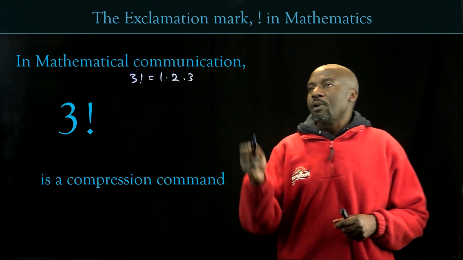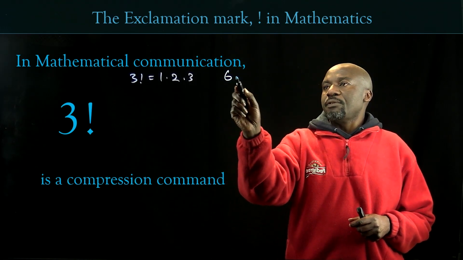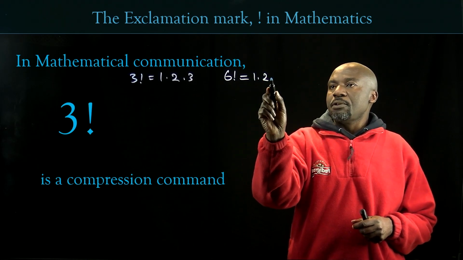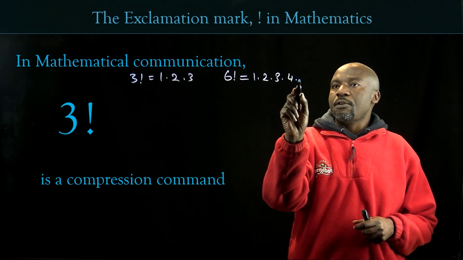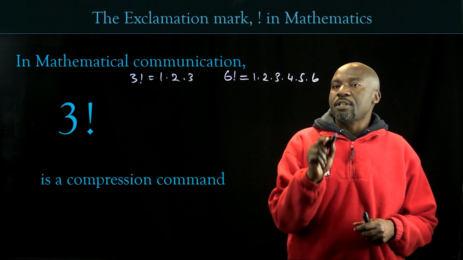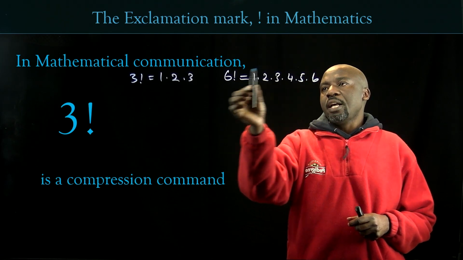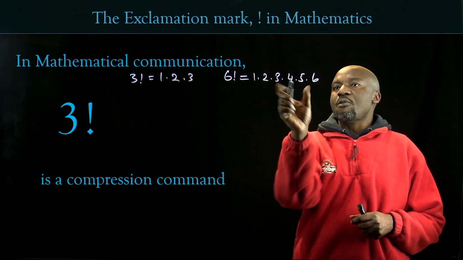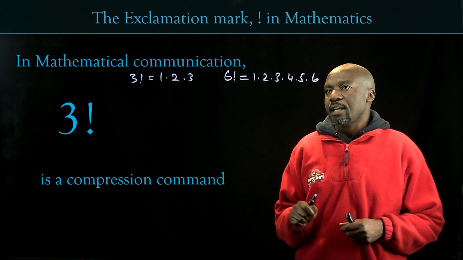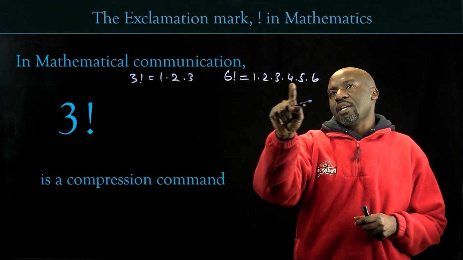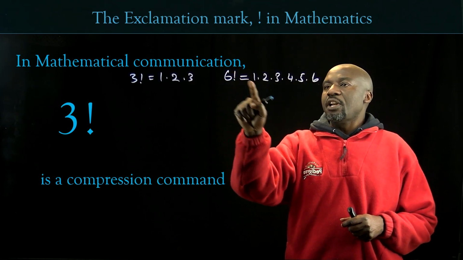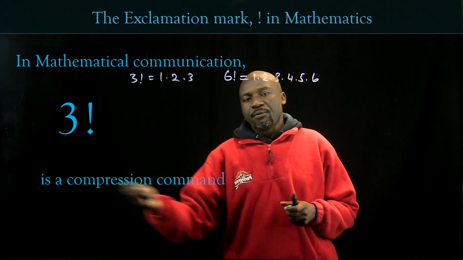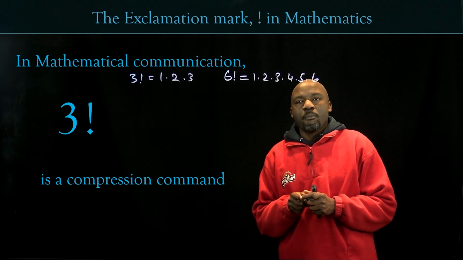That is 3 factorial. 6 factorial will normally mean 1 times 2 times 3 times 4 times 5 times 6, and you can already see why we would rather compress it and just write something like this. So instead of writing 1 times 2 times 3 and so on, if I see 6 factorial, I know what it means. So in that sense, we can understand why we refer to this as a compression command.